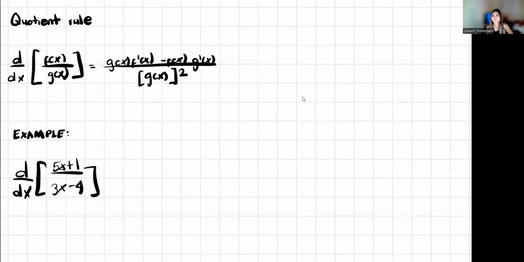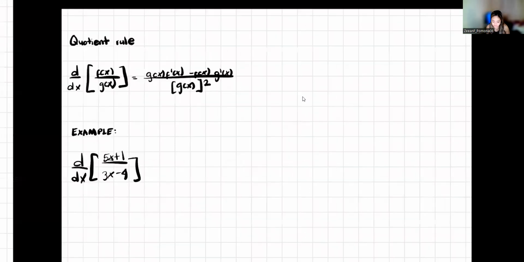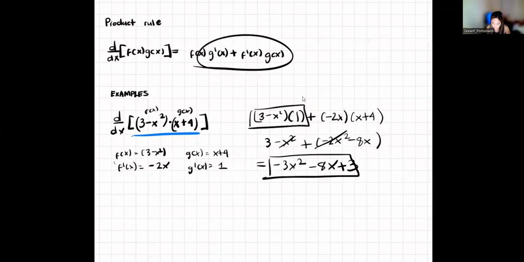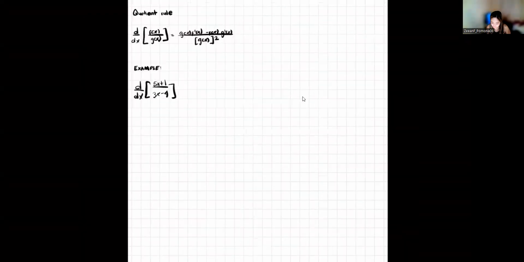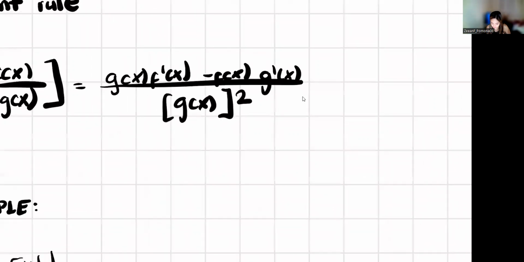Now, quotient rule, which should be fun. Well, quotient rule is pretty much similar to product rule, where you have to plug in a bunch of equations. So remember this equation: g of x times f prime of x minus f of x times g prime of x over g of x to the power of 2.